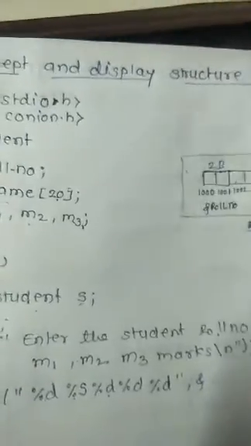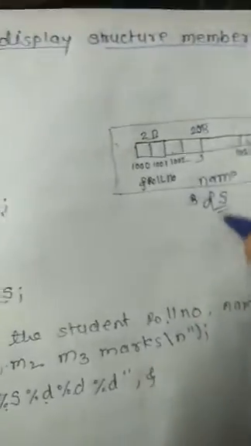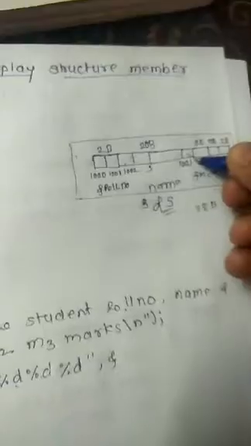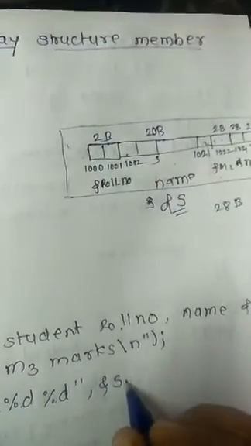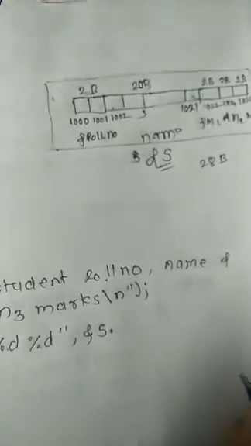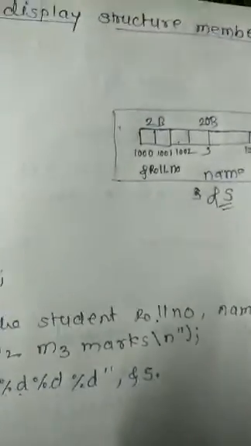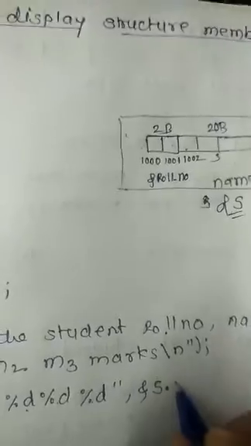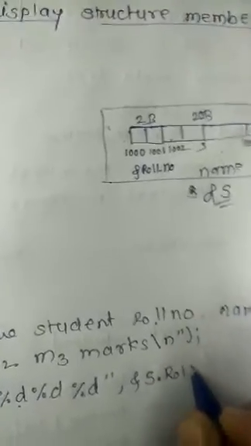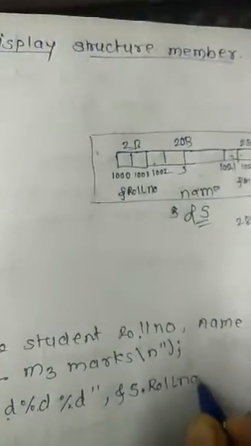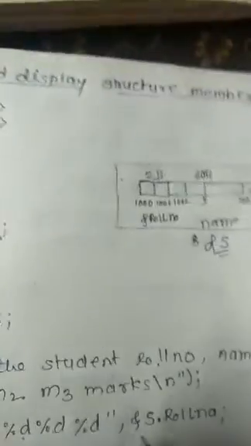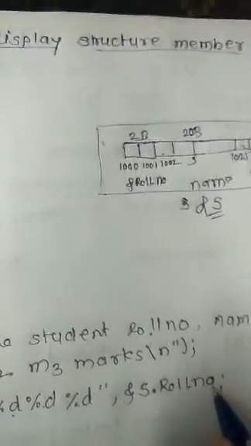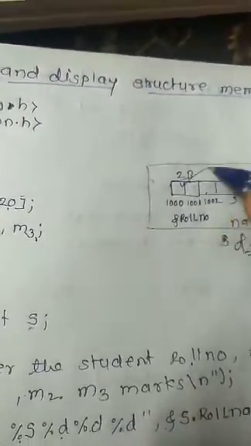I know only the address of S, and the address of S knows the structure members inside. So address of S, then dot is my calling operator to call the structure members. Which structure member do you want to call? Roll number. So address of S dot roll number, that time only you get this perfect address location.